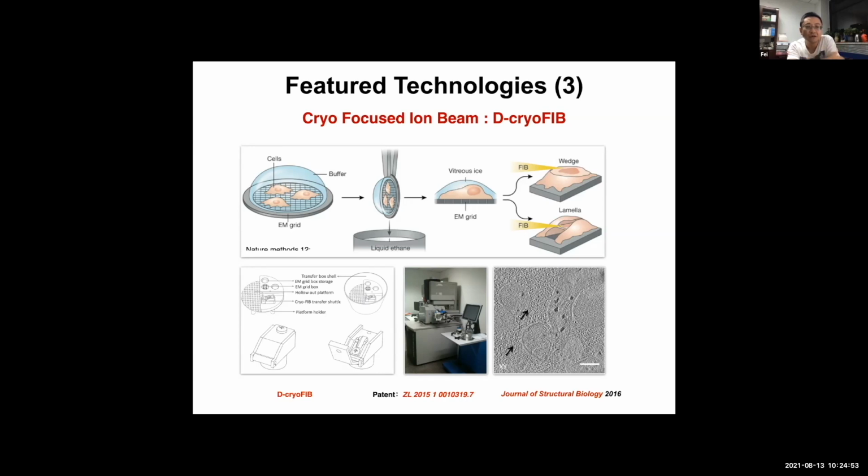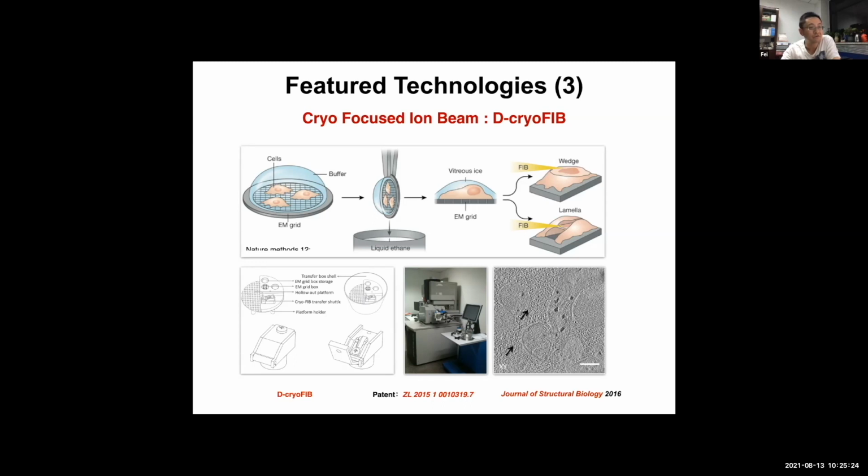But how to prepare a good sample is always challenging. So in recent years, cryo focused ion beam is an emerging technology for preparing cryolamella for cell samples.